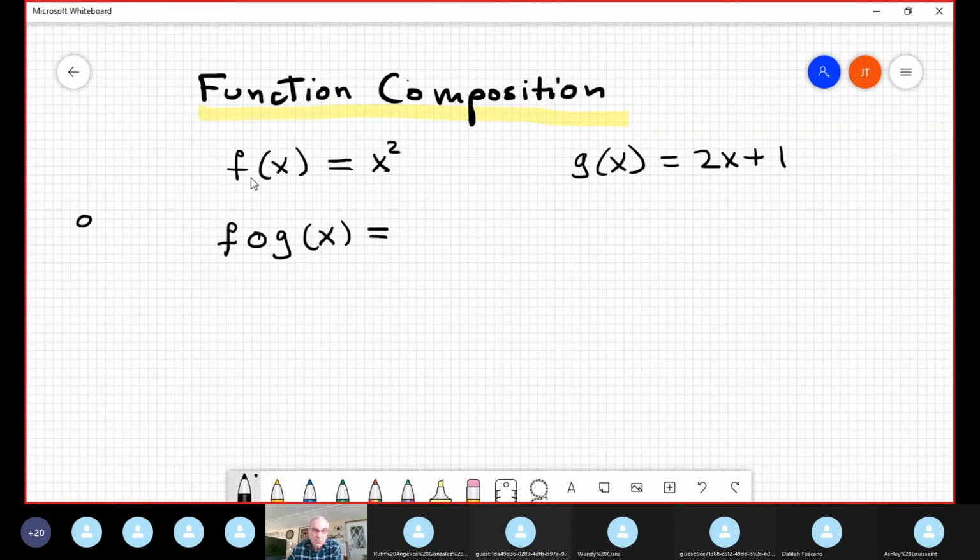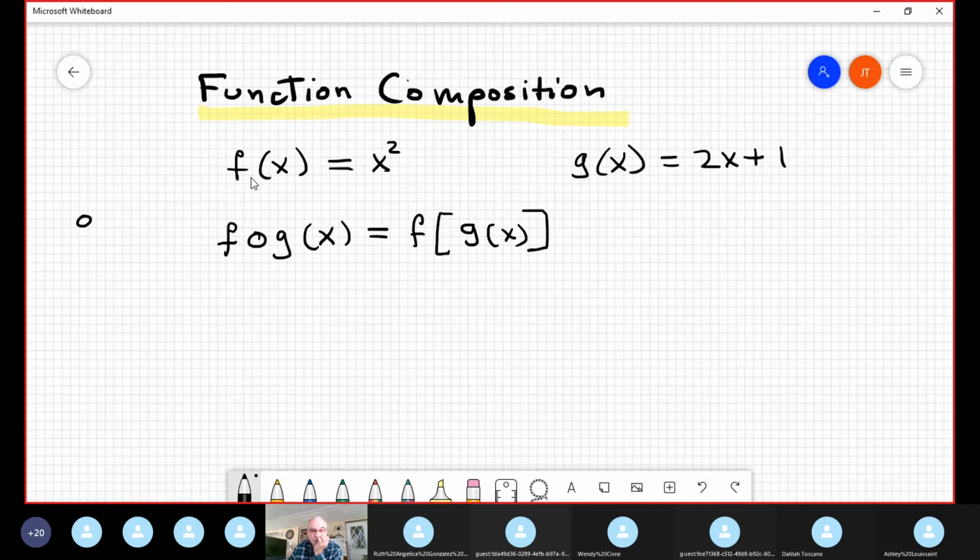You have two functions, and any element in the domain, you plug it into the first function, the one closest to the argument, which is the x, the domain value. Basically, the operation is you plug any value of x into g first, and the result you plug into f.